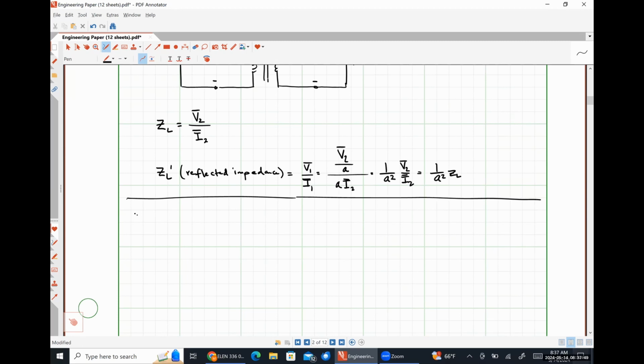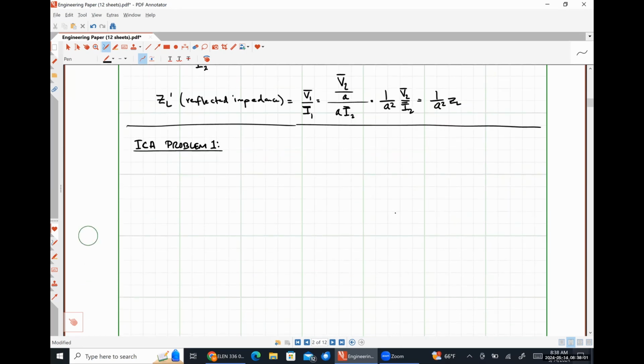For our in-class assignment problem 1, we have the following circuit. We have some source voltage Vs of t, a five ohm resistor, a 15 millifarad capacitor.